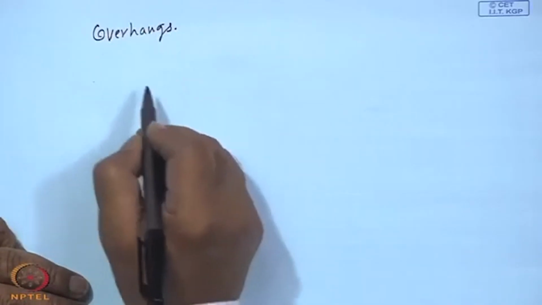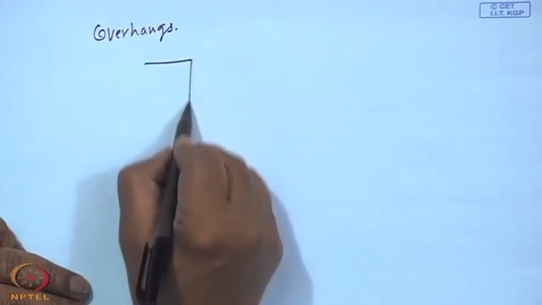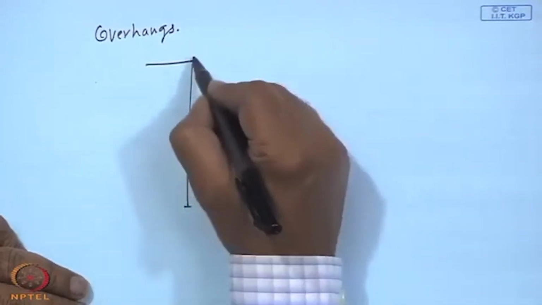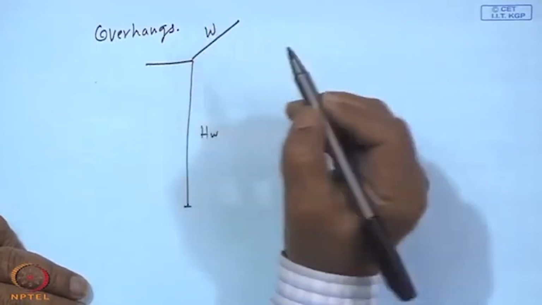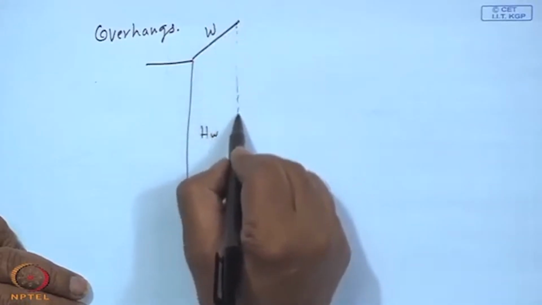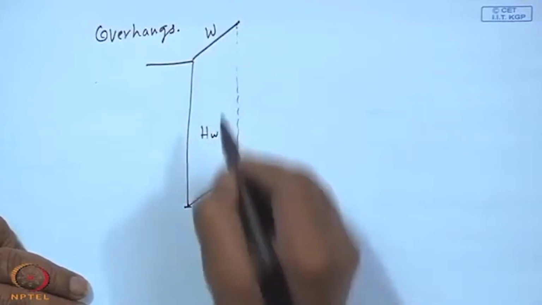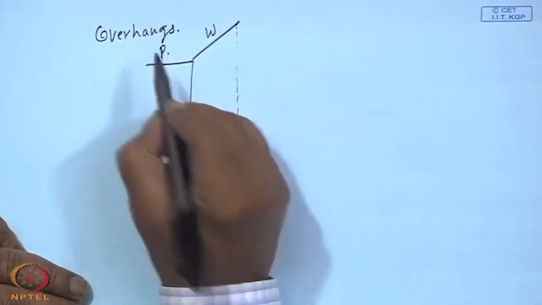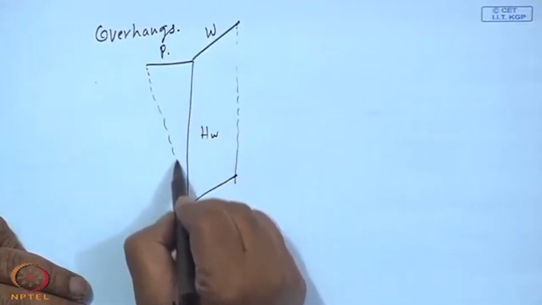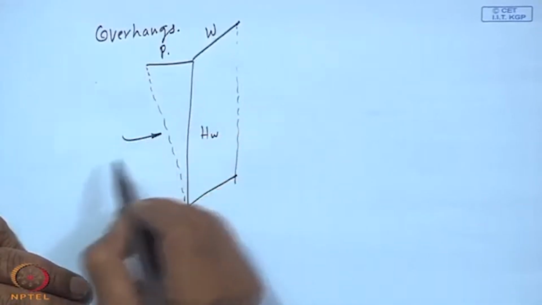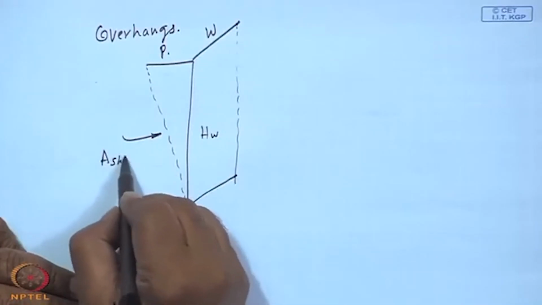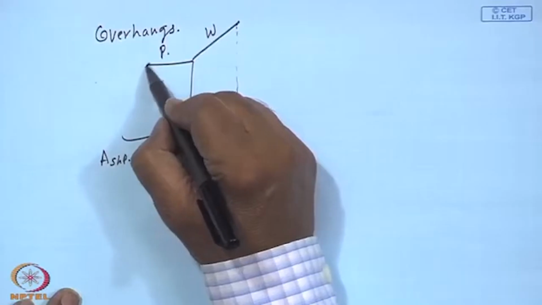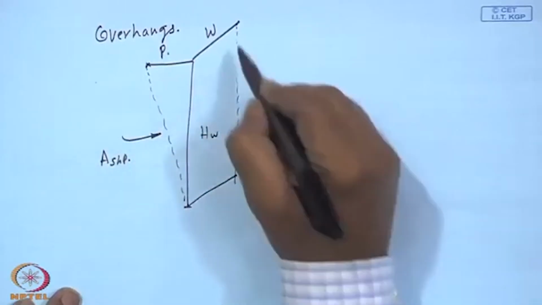In a nutshell, you can calculate the radiation received by a window of height h w and width w through an overhang of projection P by calculating the radiation entering through the shading plane, defined as the plane between the tip of the projection to the base of the window.